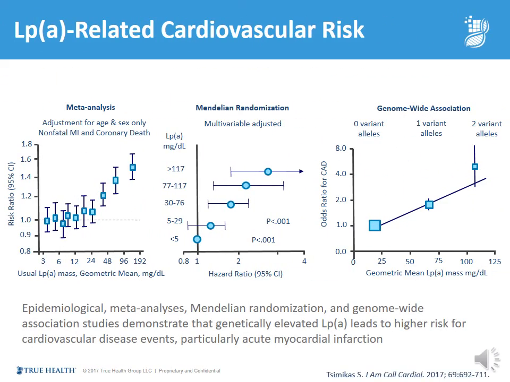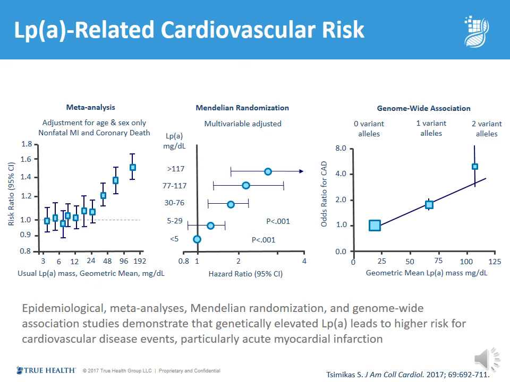This is some interesting data that is in a recent incredible review by Sam Tsimikas of Lp(a) and Lp(a) testing. And how bad is Lp(a) as a cardiovascular risk factor?